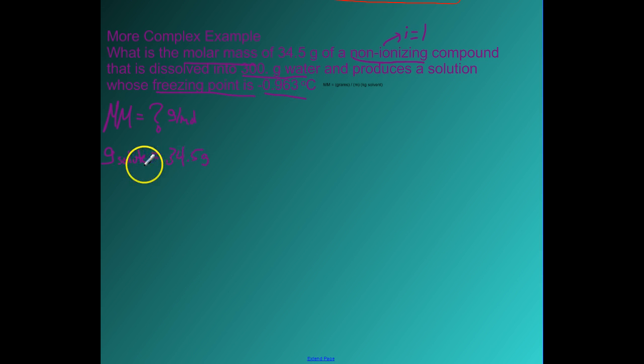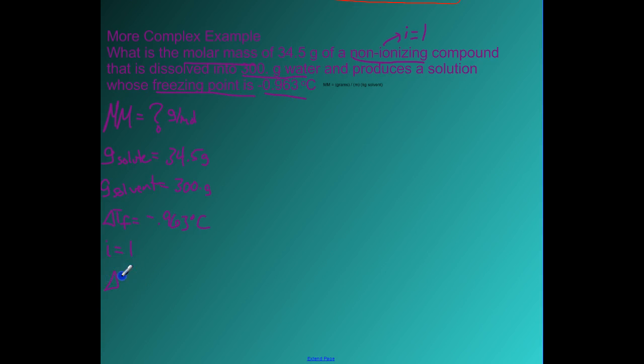I know that my grams of solvent is 300 grams of water, and it produces a solution whose delta T freezing is negative 0.963 degrees Celsius. Seeing here that it is a non-ionizing solution, I know my i value equals 1.